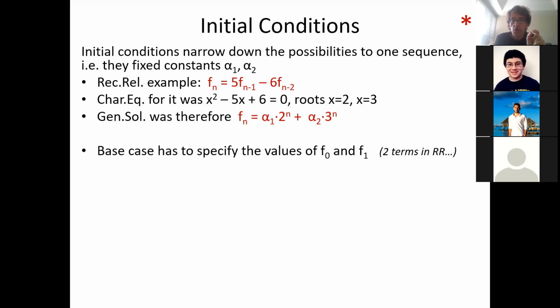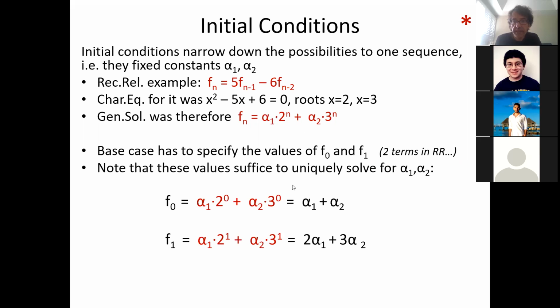Let's say you start from index 0, so you define f0 and f1. They must be defined as base cases, and indeed that is enough to find the closed form formula, because these base cases give you 2 conditions on what alpha 1 and alpha 2 have to be.